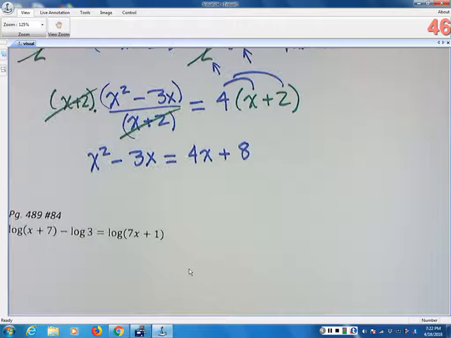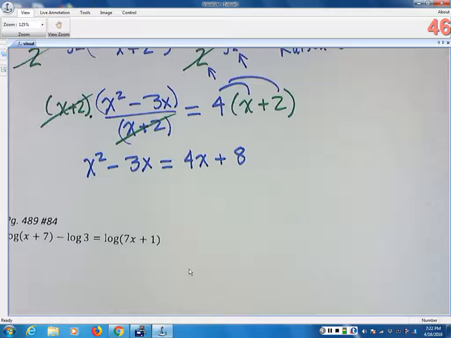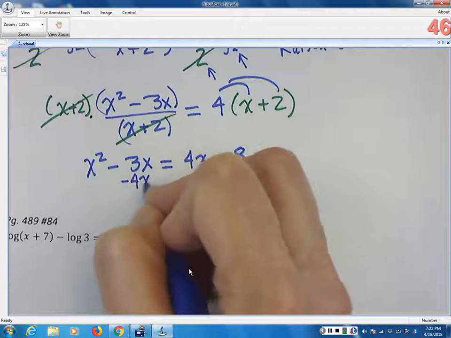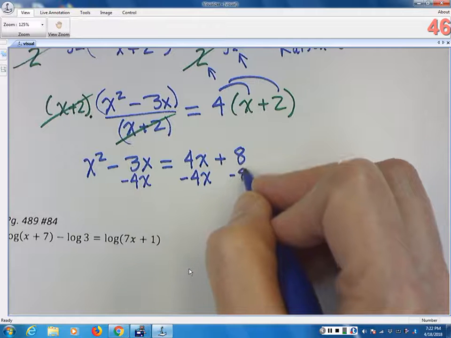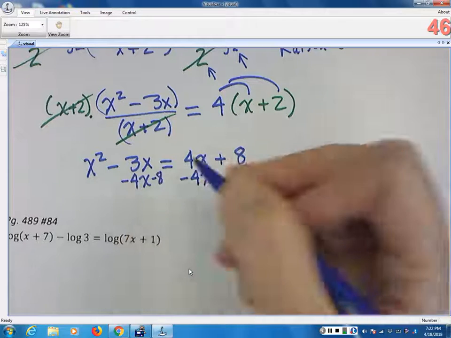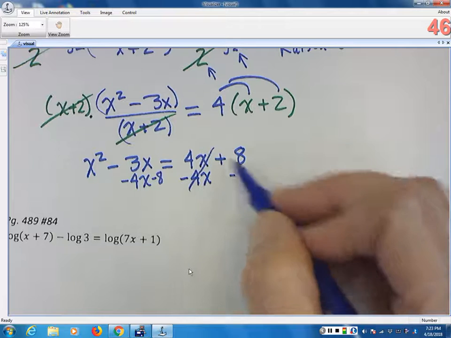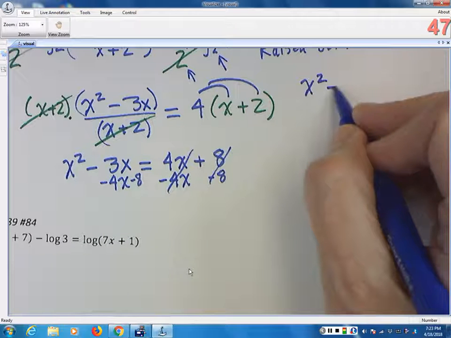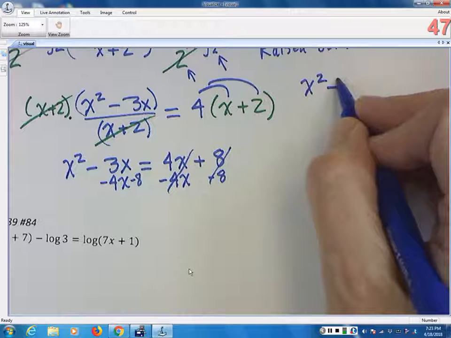We have x squared as a highest power. So we're going to get all our terms on one side and set it to 0. We want to leave the x squared to be positive. So we're going to subtract the 4x from both sides. And we're going to subtract an 8. This will be 0. So we get x squared minus 7x minus 8 equals 0.